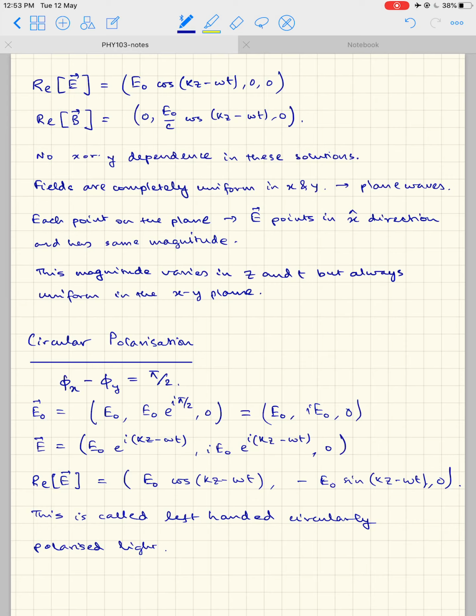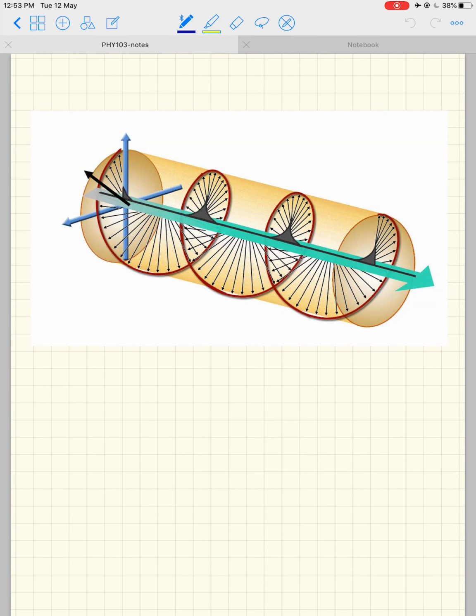What does this look like? Let's look at the picture that I have for you here. At t equal to 0 and z equal to 0, the real part of E is E naught, 0, 0, pointing in the x direction.